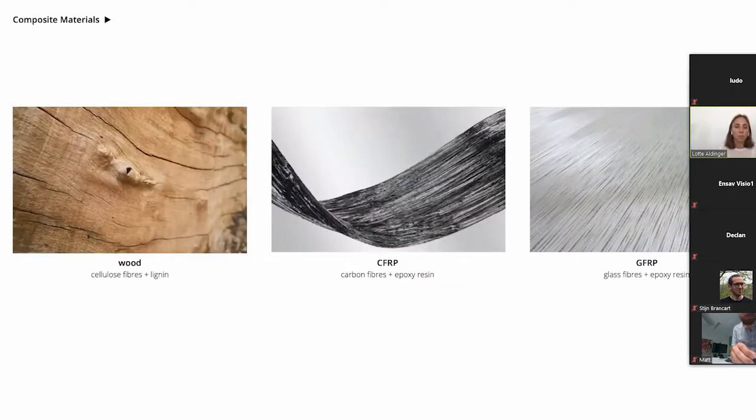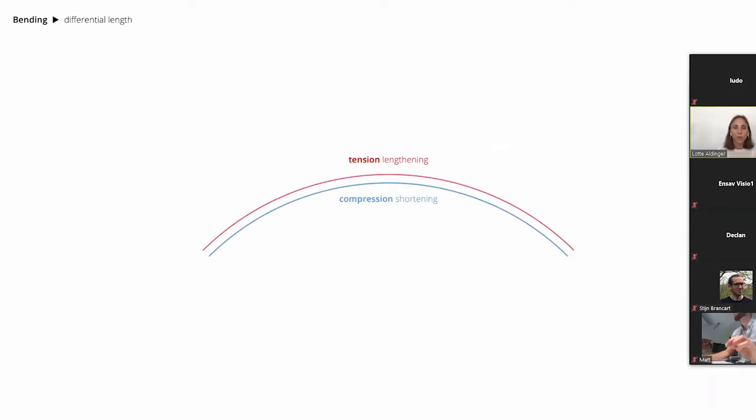What the appropriate materials all have in common, most of them, is that they're composite materials, so either natural composites like wood or CFRP and GFRP, which are all fibers embedded in a matrix. So very basic, what happens actually in bending, we have a tensioning on one side, which is a lengthening, and a compression on the other side.